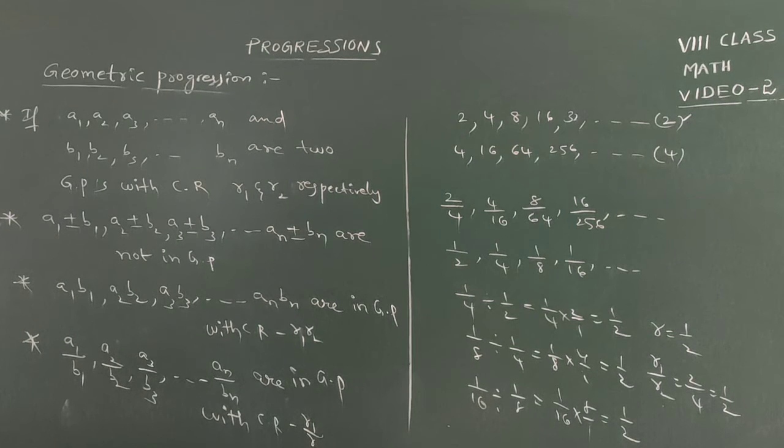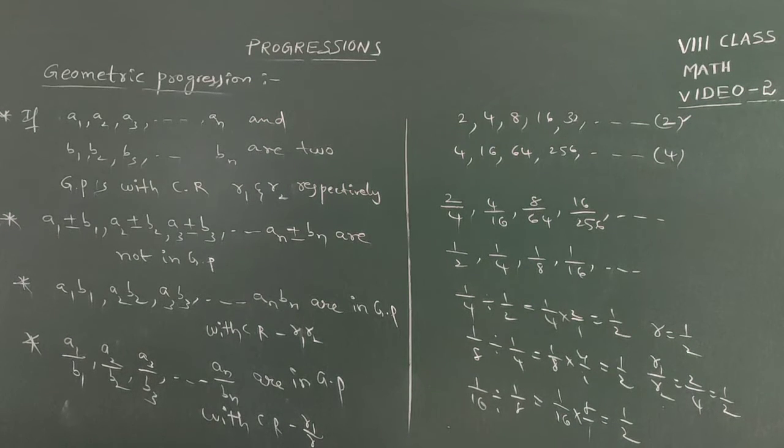In case of product and quotient, they are in GP with different common ratios. In the first case, the common ratio is R1 R2. In the second case, the common ratio is R1 by R2.